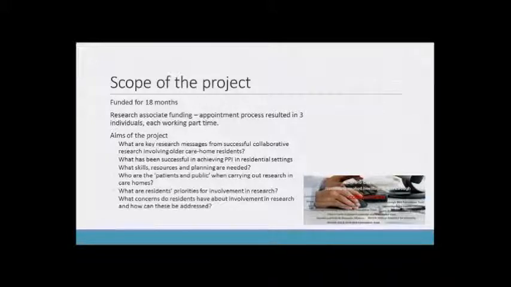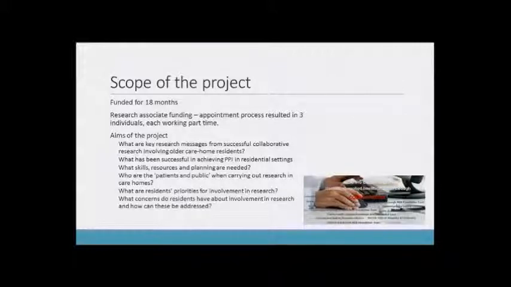The aims of the project are up there. We wanted to look at what was known already and distill the key research messages from successful collaborative research involving older care home residents, of which there are certainly examples, and look at what's been successful in achieving and resourcing that.